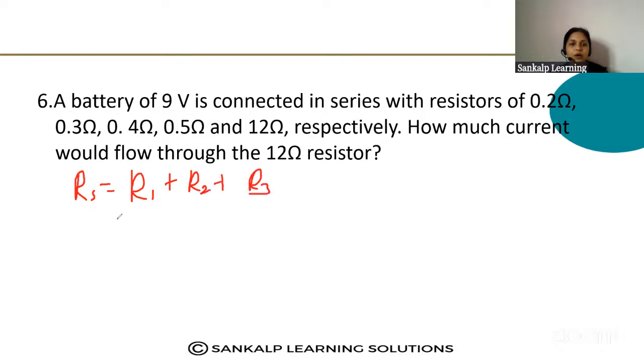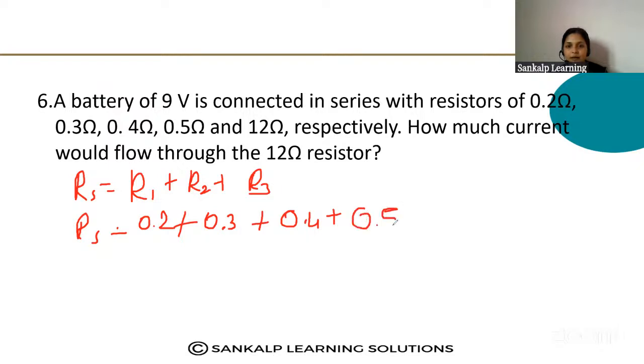First you have to find the total resistance to find the current. R1 is 0.2 ohm, R2 is 0.3 ohm, R3 is 0.4 ohm, R4 is 0.5 ohm and R5 is 12 ohm.